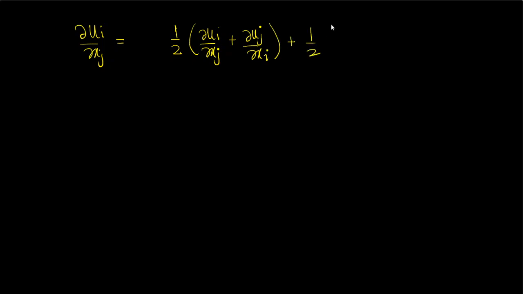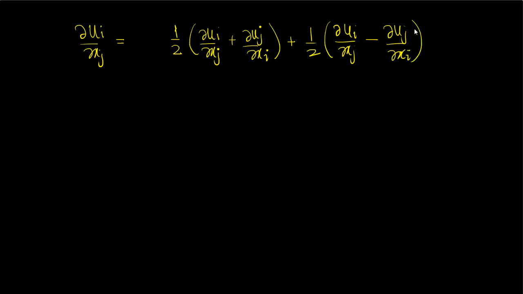Now we can perform some manipulation on the velocity gradient tensor. Del ui del xj can be written as half of (del ui del xj plus del uj del xi) plus half of (del ui del xj minus del uj del xi).